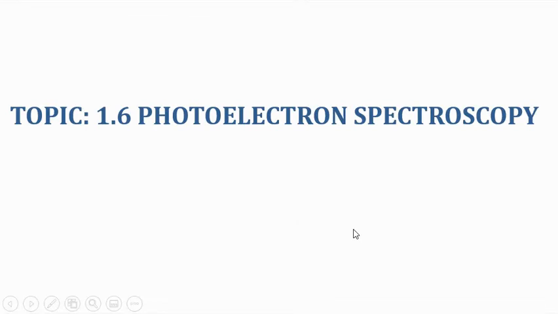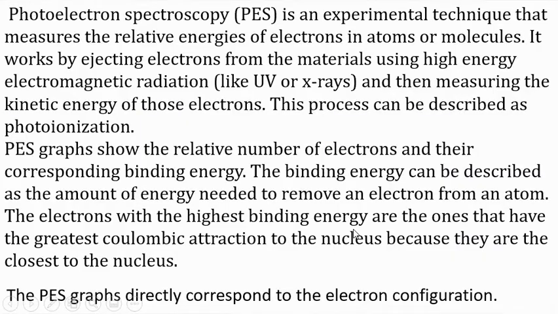All right. Photoelectron spectroscopy. We touched on this last year if you were in honors. If you weren't, it's easy. This is where they're going to have experimental data. They're going to end up with a graph that shows the relative number of electrons and their binding energy.